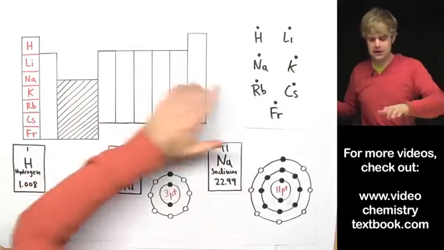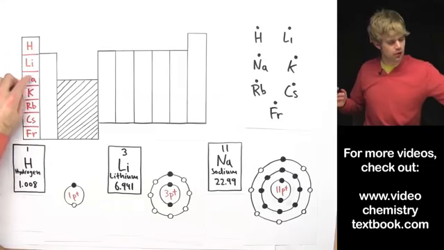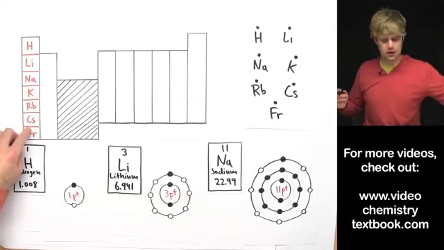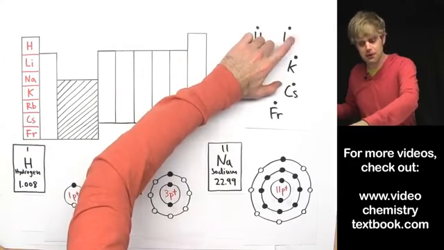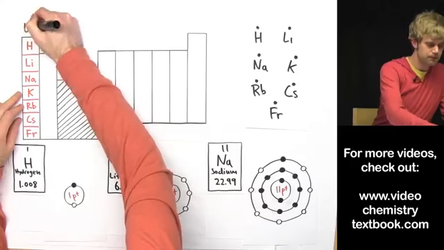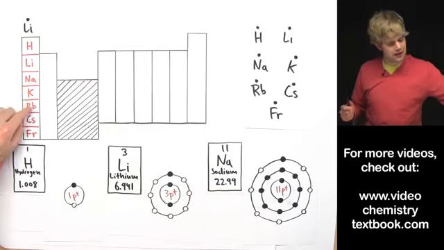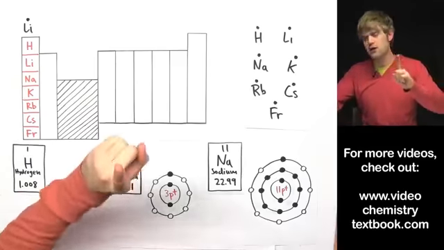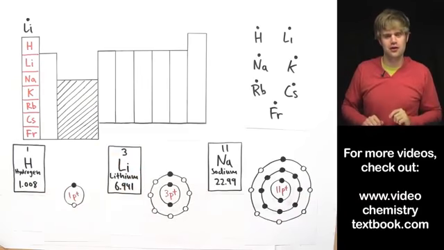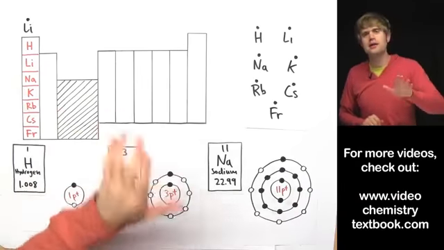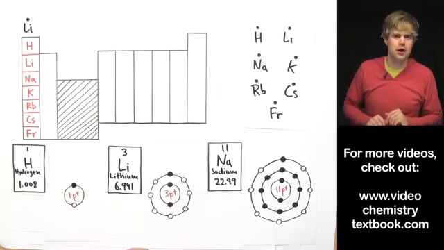Here's how we'd write the electron dot diagrams for all the elements in this column. As an example, I'll just take lithium and write it here. So every single atom in this column has 1 valence electron. Let's move on and take a look at some of the other columns on the periodic table.